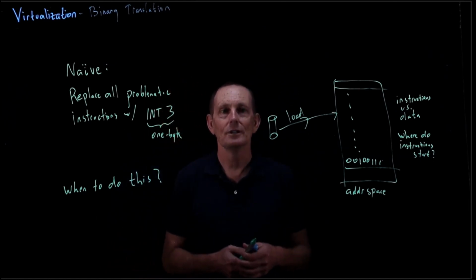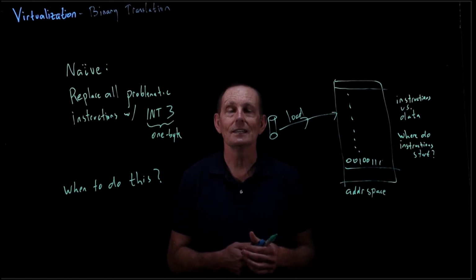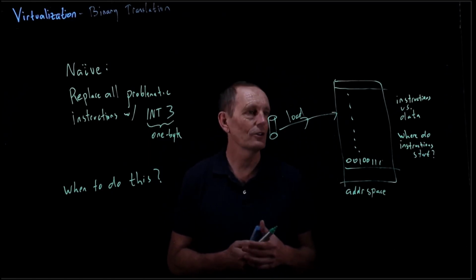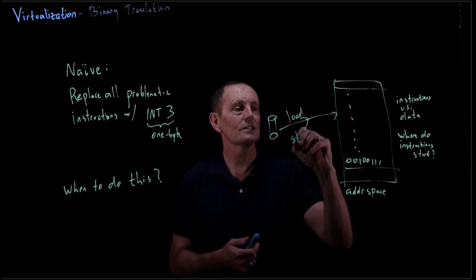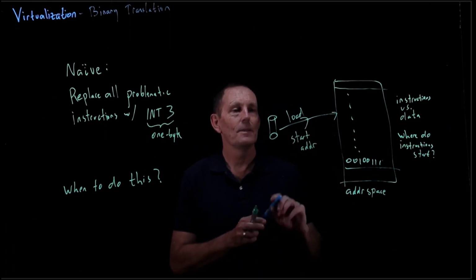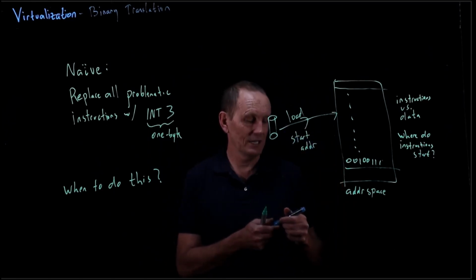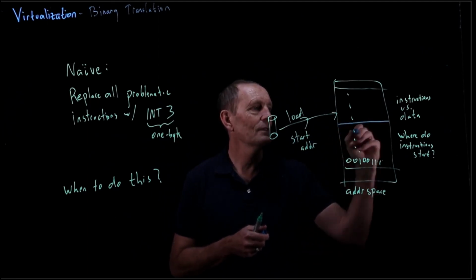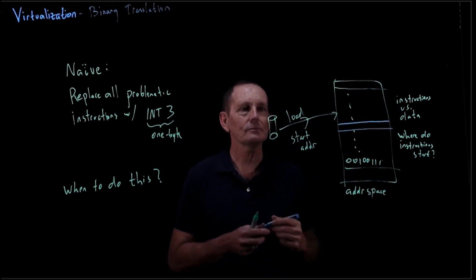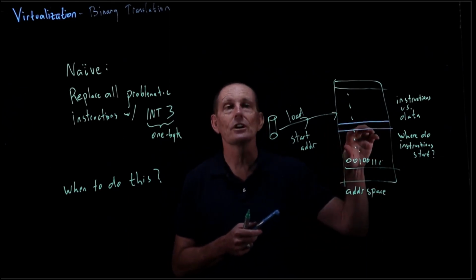The only way we really know is to look and see where we start executing. So we do know the start address. We know when we loaded this that there was a particular point in here that we're going to start executing instructions. Let's say it's here at that address. So we know that's an instruction.